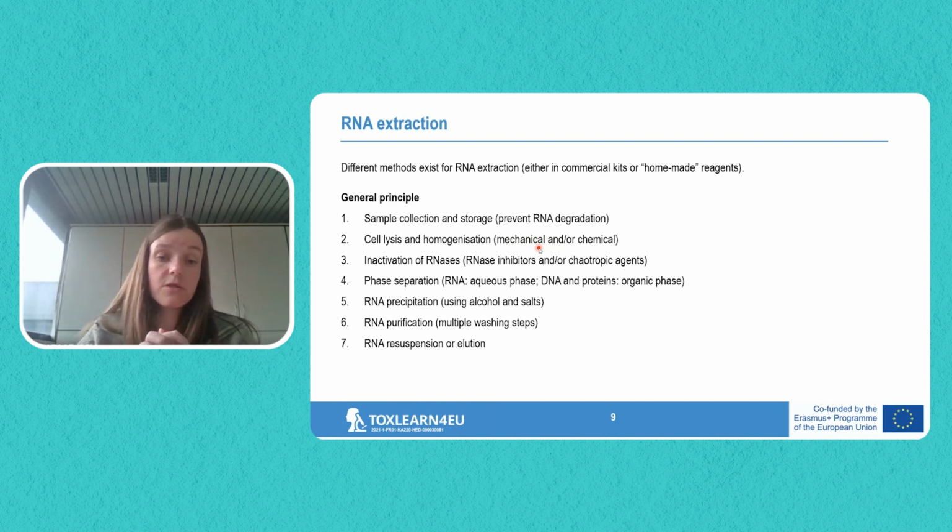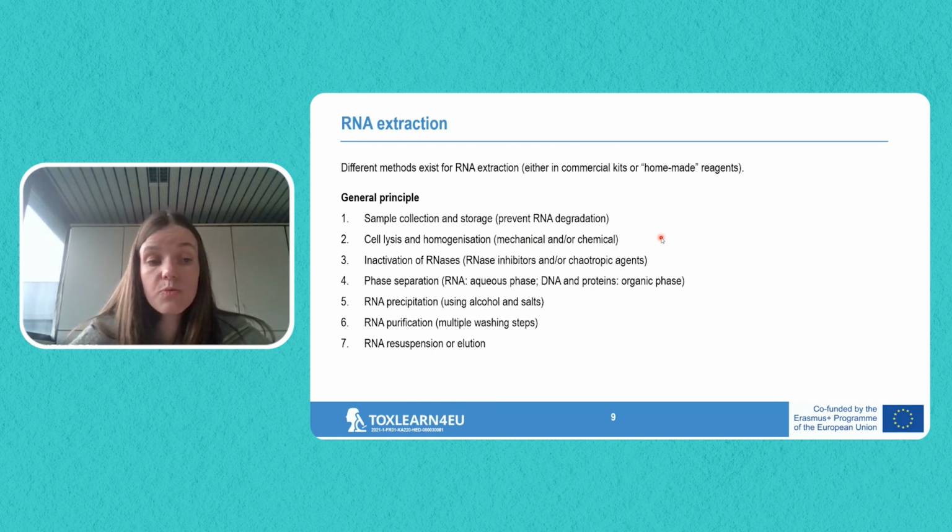On the other hand, you could also use chemical lysis, for example using detergents, which will disrupt cell membranes. So the idea is that you will release the components that are present inside the cells. And generally, a combination of mechanical and chemical lysis is used.